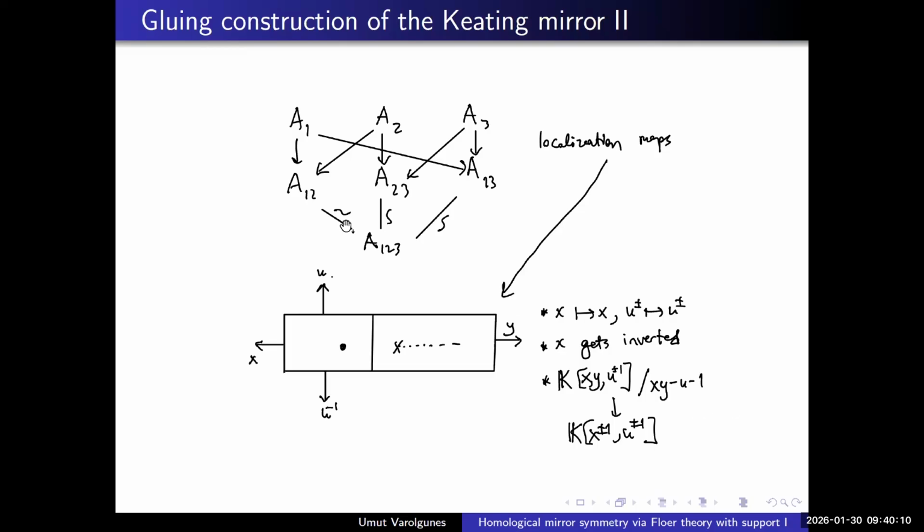I also know that these A_12, when you complete them, you just get T*T^2. So those are Laurent power series. So I just need to tell you what this map is. And I claim that this map is just inverting one of these X or Y variables.